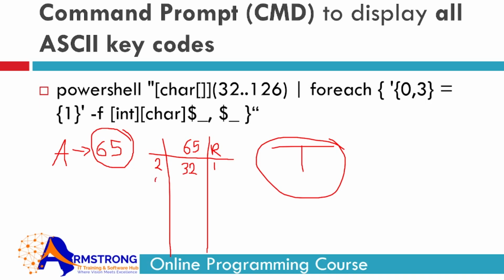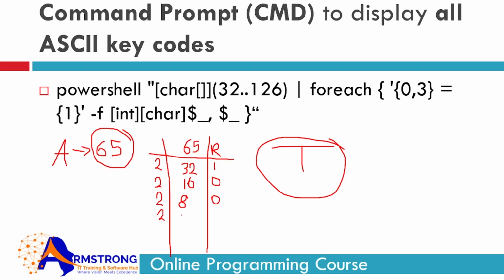Then 2 goes into 32 16 times, remainder 0. Then 2 again goes into 16 8 times. This simply means that 2 times 8 will give us 16. So that is remainder 0.